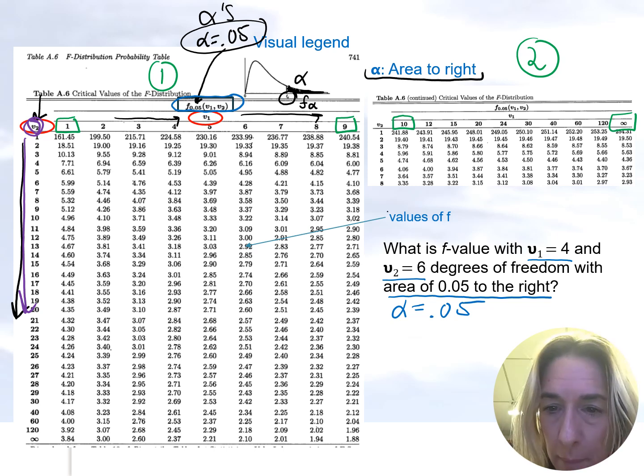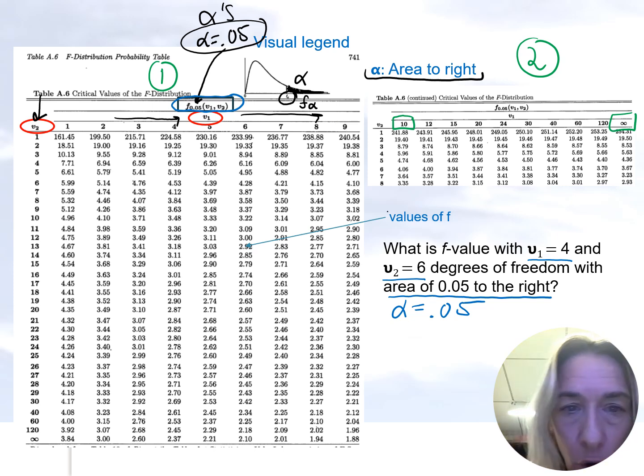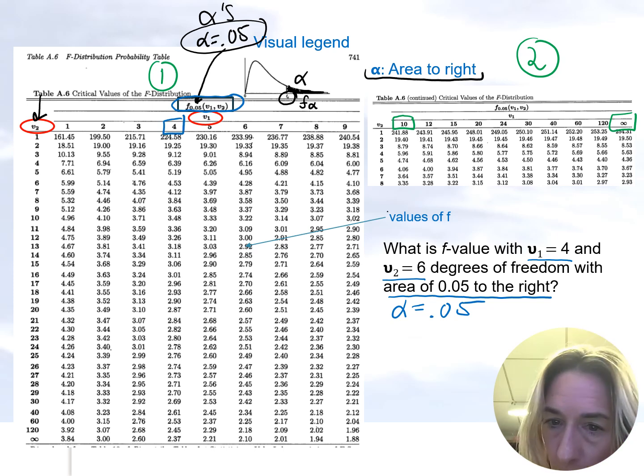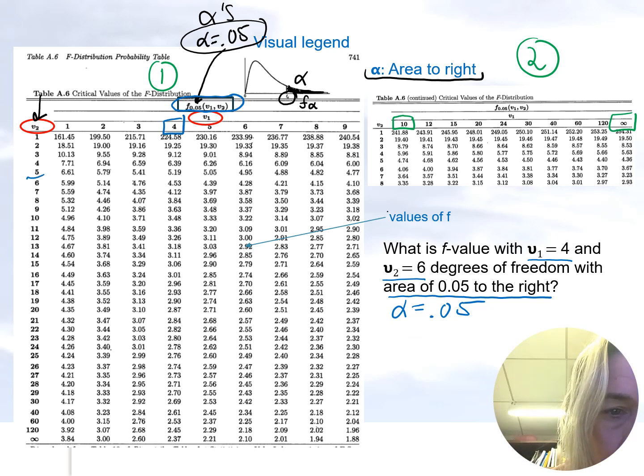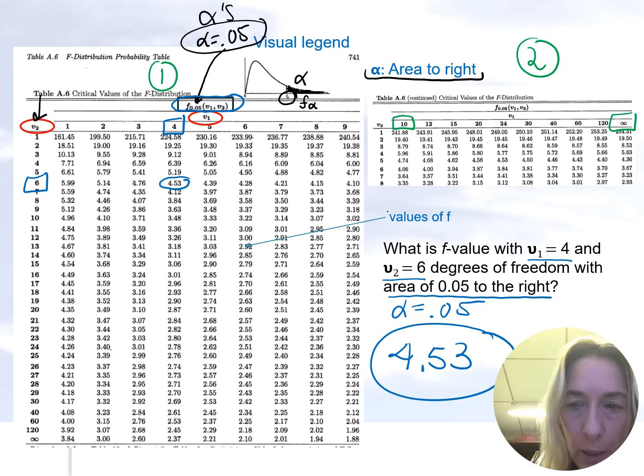So we're in the right table. We just have to find nu1 of 4, right there, nu2 of 6, right there, and read off the value that sits at the intersection of those 2 points. And that value is 4.53.